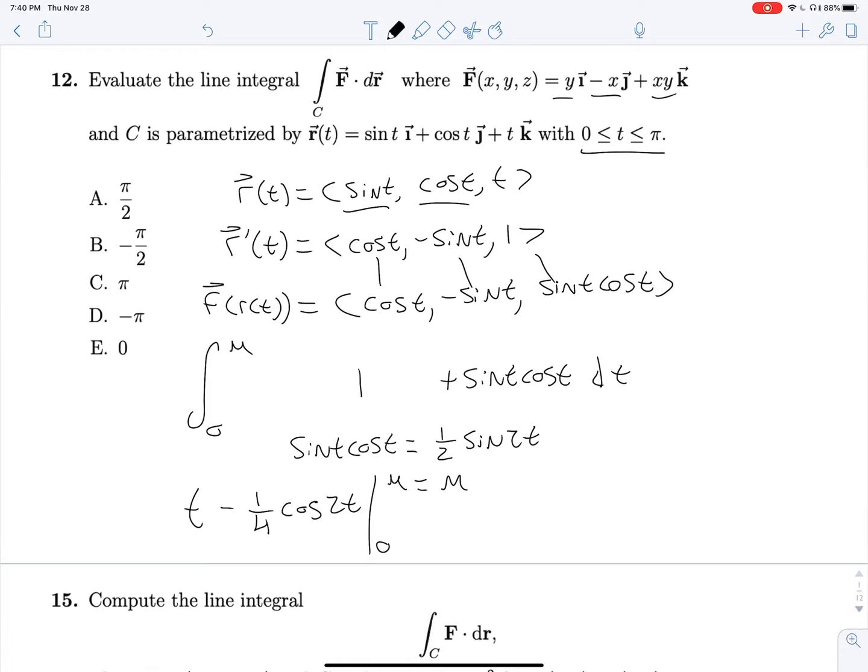This is going to give us pi minus 1/4 times the cosine of 2t, so just minus 1/4, and by 2t I mean 2 pi. And over here we're going to get 0 minus 1/4 times the cosine of 0, which is 1. And so we evaluate everything and we are left with pi.